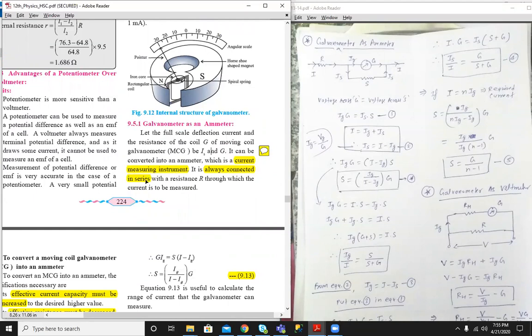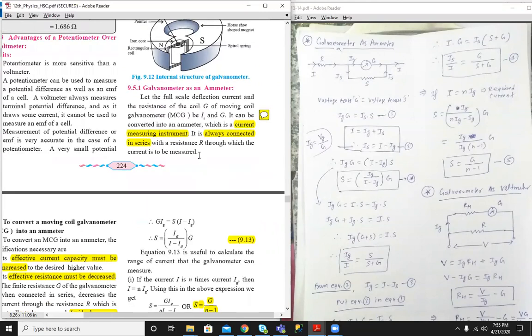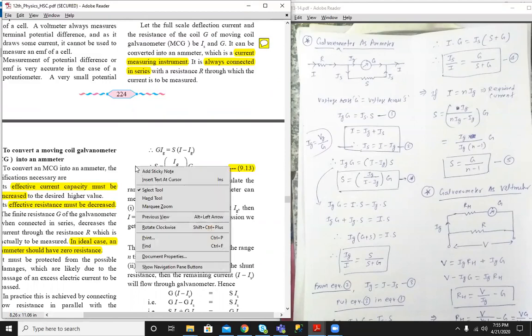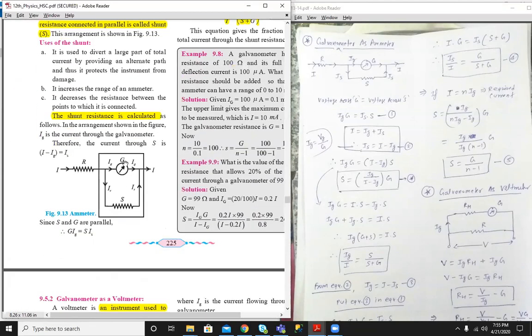It is always connected in series with a resistance R. Let's see the diagram. This is a circuit where we have to determine the current through this resistance R. The galvanometer is connected in series with this resistance R.